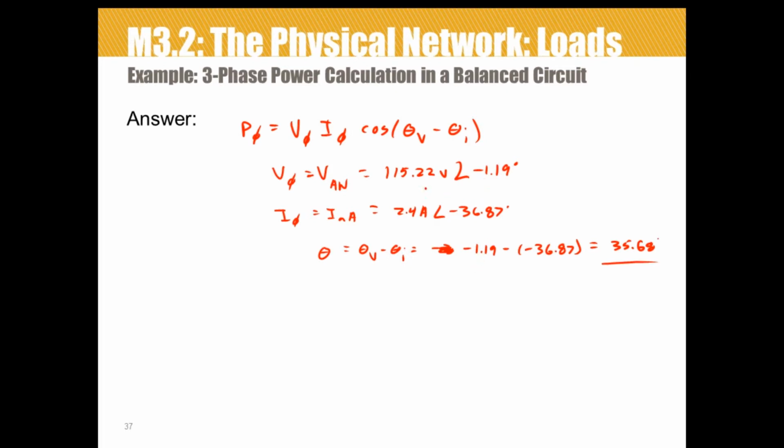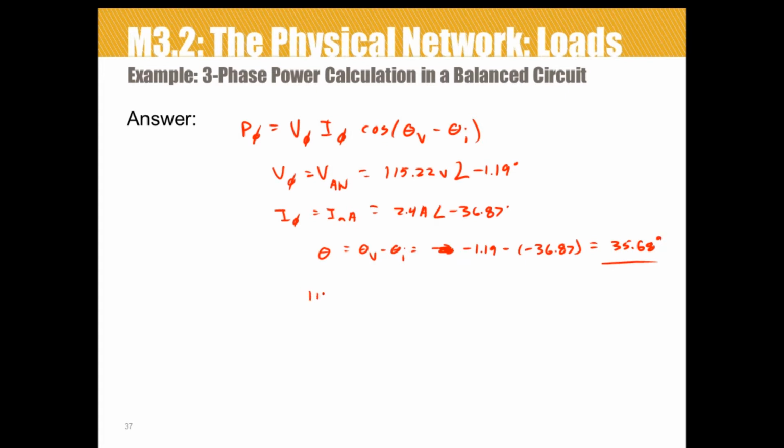If you look at VBN and IBB, or VCN and ICC, these numbers will be different. They'll be rotated by 120 relative to the numbers I've given here. But because it's a subtraction inside the argument of the cosine, it's always going to come out to 35.68. So now all I have to do is multiply the magnitude of the voltage times the magnitude of the current and take the cosine of 35.68 degrees.